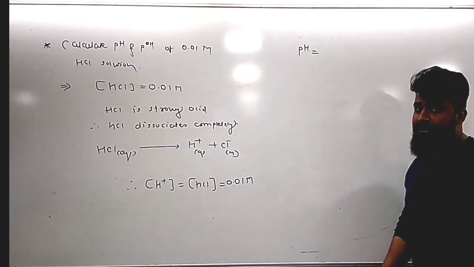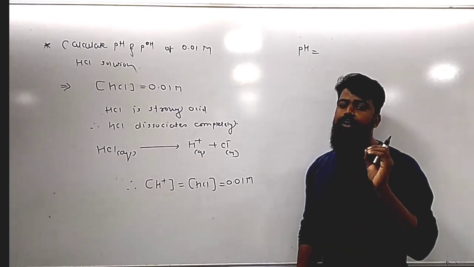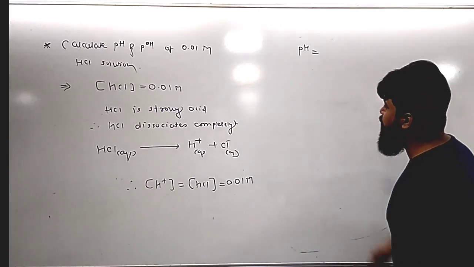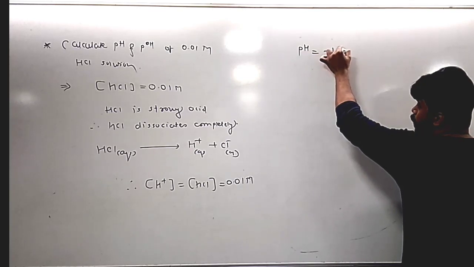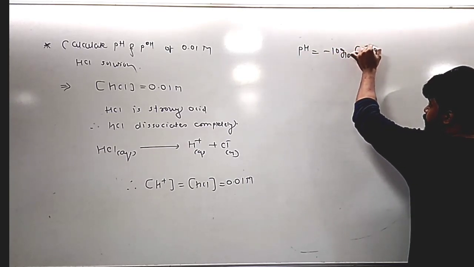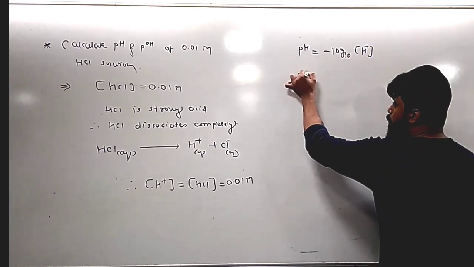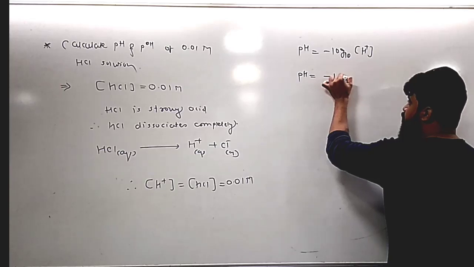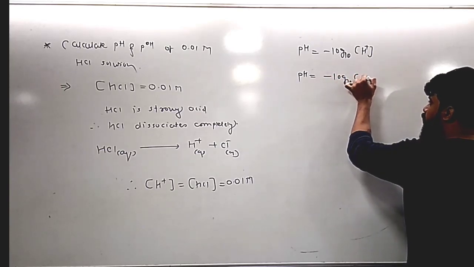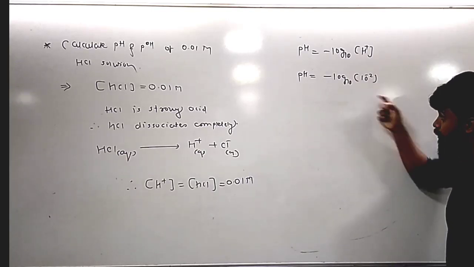Again, I am going to repeat the same thing. If you want to know about the numerical, you must know about the theoretical concept. What is the pH? pH is nothing but the negative logarithm to the base 10 of the H plus ion concentration in a solution. So just by putting the value, pH is equal to minus log base 10 of 10 raised to minus 2. 0.01 can be written as 10 raised to minus 2.